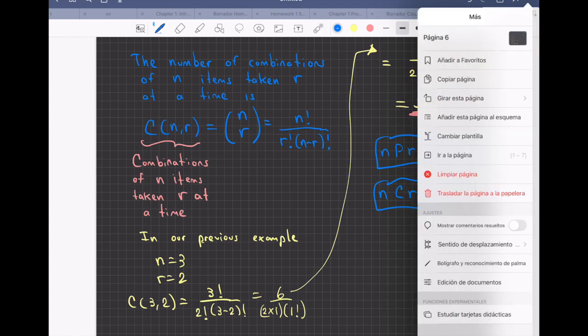Something to point out about combinations.